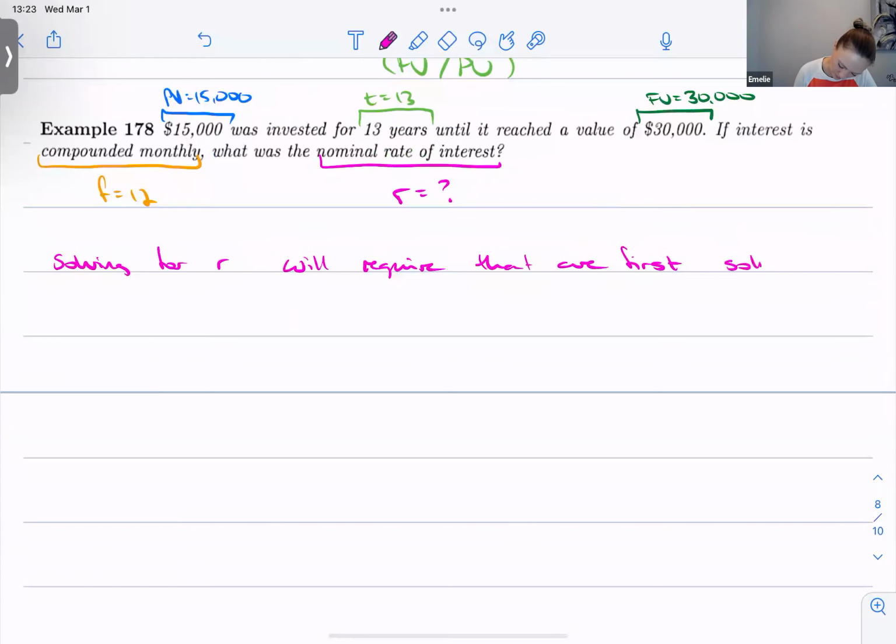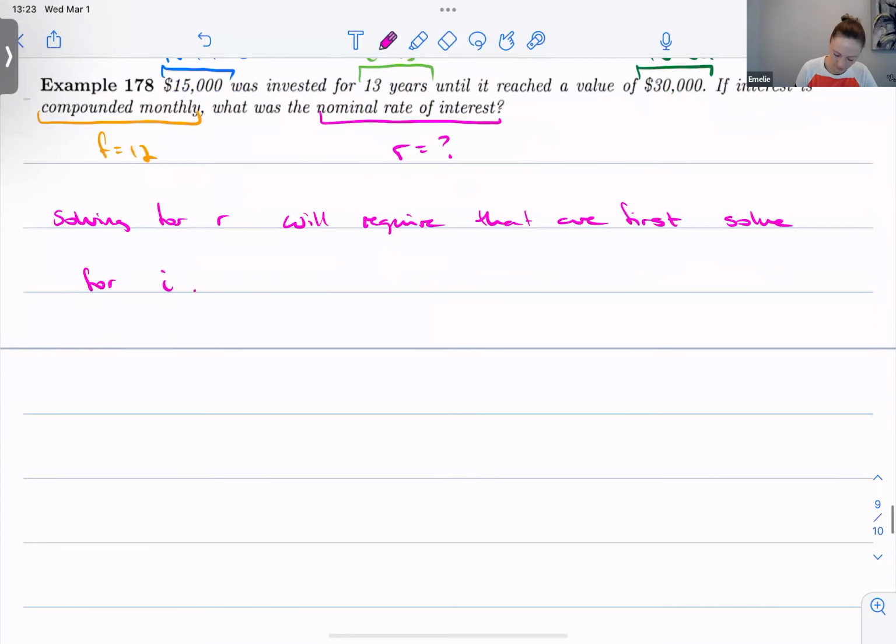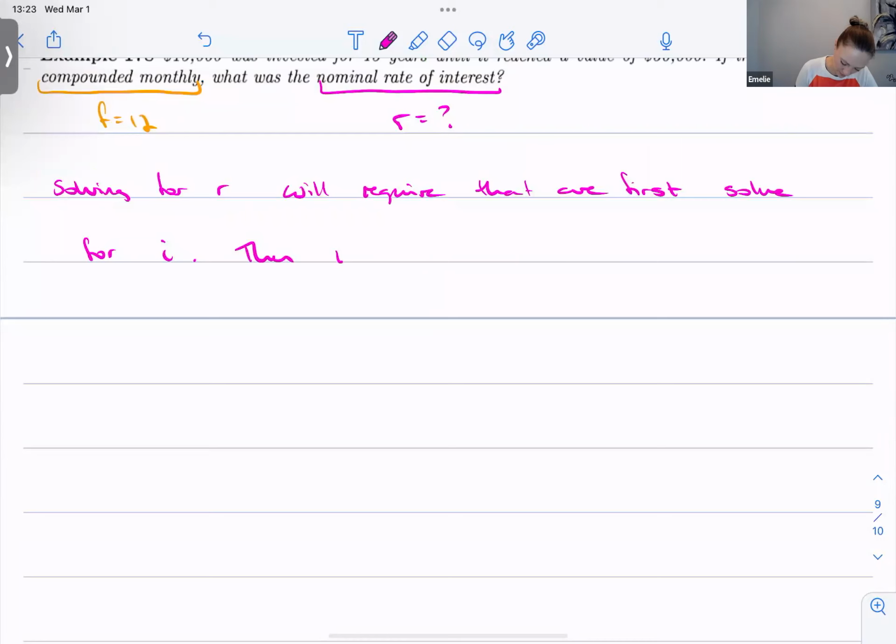Then use i equals r over f. So r is i times f. Right? Multiply that f over. Okay. Nice. So we've got kind of a game plan here.